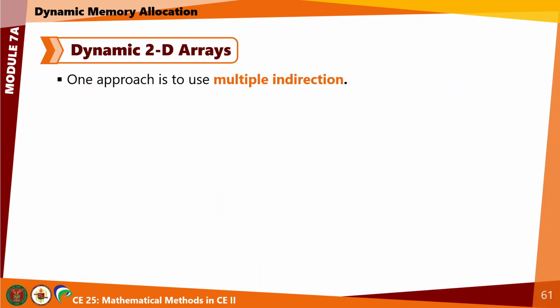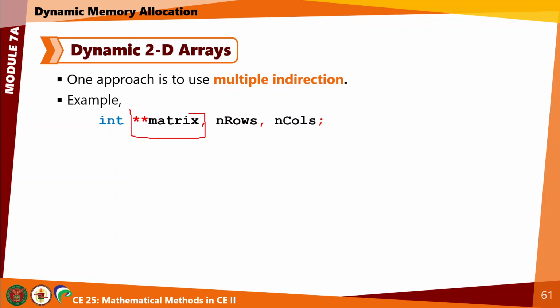Pag dynamic 2D arrays kasi, gagamitin natin yung concept ng multiple indirection. For example, we have this integer asterisk asterisk matrix. So, pag dalawa yung nakita nating asterisk, may multiple indirection dyan. Meaning, you have a pointer pointing to a pointer.